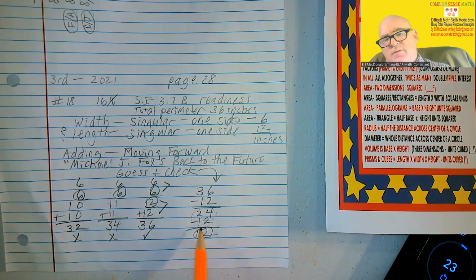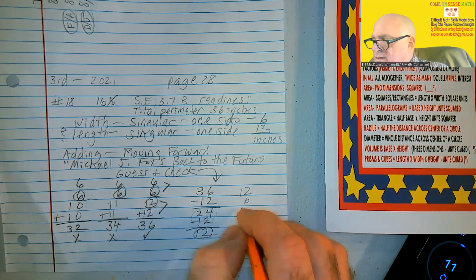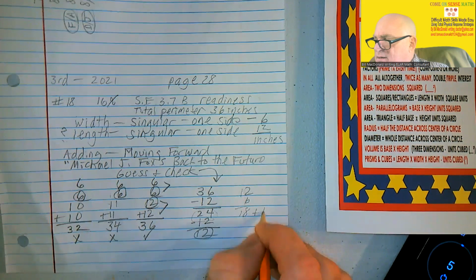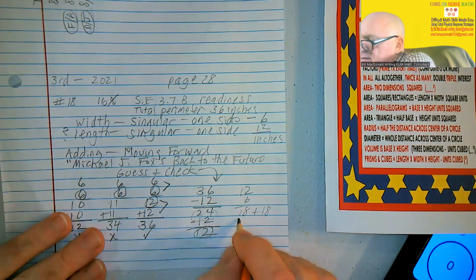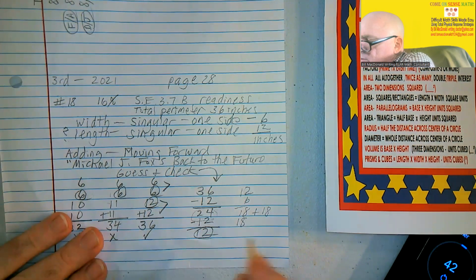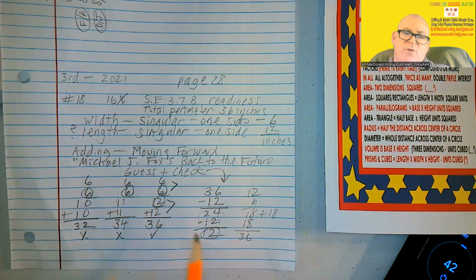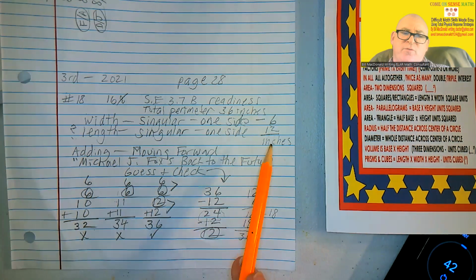So 24 minus 12 would be 12. And if you think about this, if you have 12 and 6, that's 18. And then if you have 18 and 18 horizontally or vertically, there's my 1-minute warning, you also get 36. And so that way you can tell that one length is going to be 12 inches.